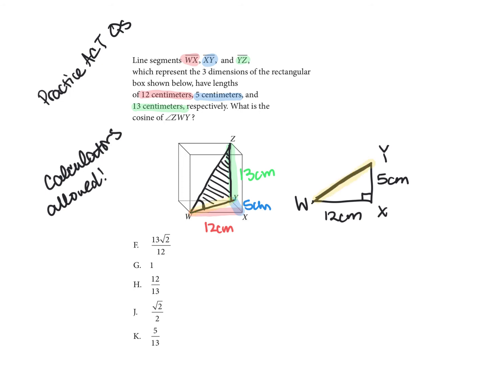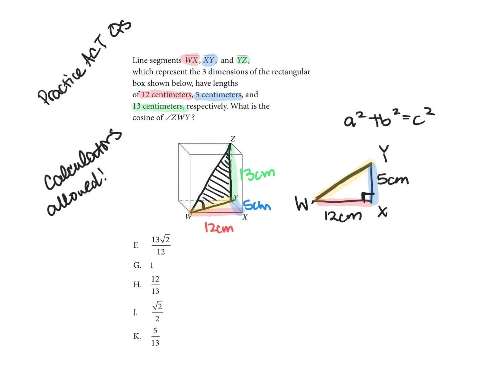So you kind of imagine I'm looking down on this that happens to be sitting in the bottom down there. If it helps, you can also color in, like this is that red line, this is that blue line. And then you just need your old classic a squared plus b squared equals c squared. Remember, this is used for a right triangle, and we have a right triangle right now, and it's just used to find the missing side.